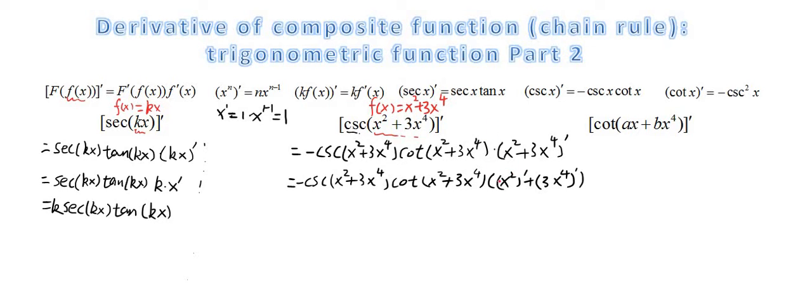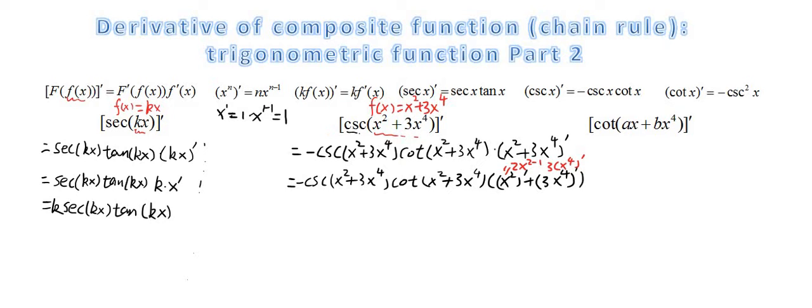Now the derivative of x squared is a power rule; we can write down 2x to the power 2 minus 1. And the derivative of 3x to the power 4 is a constant multiple rule. So we keep the 3, and for x to the power 4 we use the power rule again.